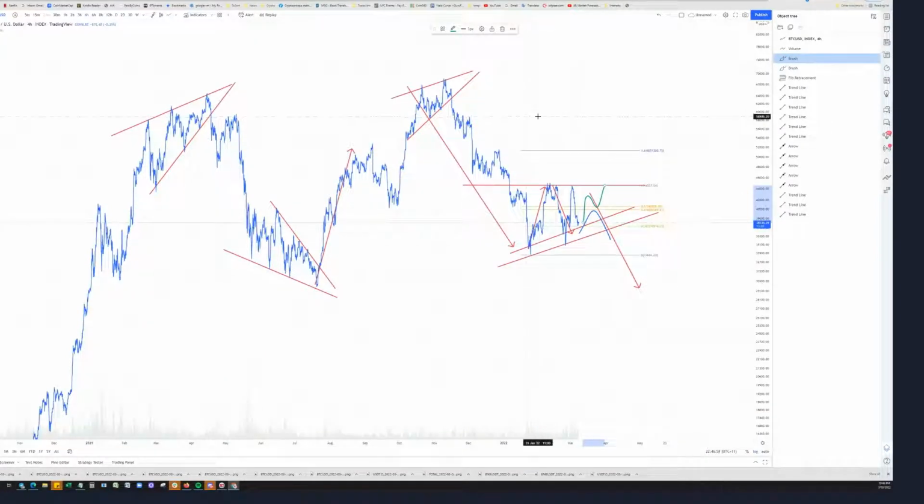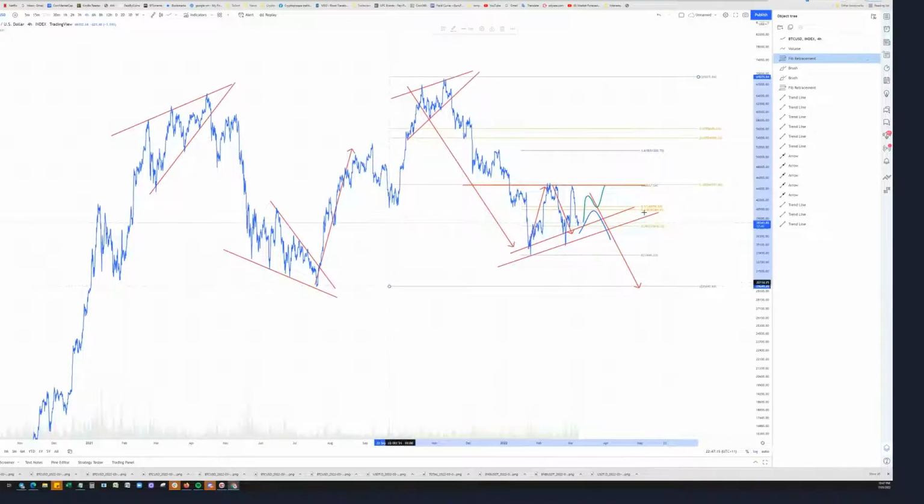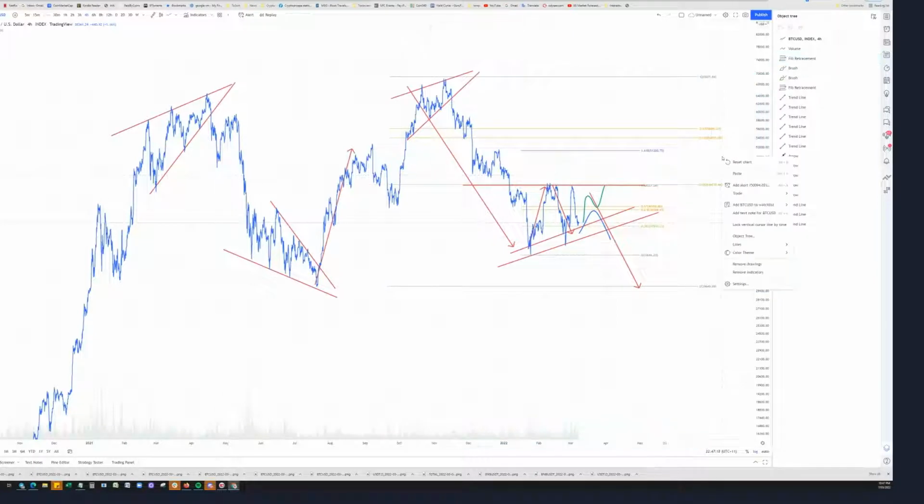So some time back, I had this, well, I suppose when it got a good rejection at this level, if I put the Fibonacci into it, it was from here to there. We didn't pass that level. Let me just change the color so you can have a better view of this.